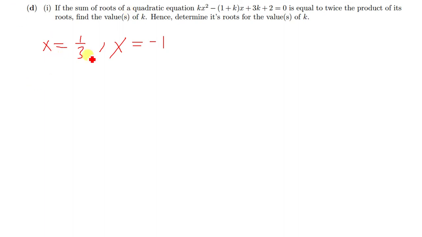so they told us to say the sum, meaning when you add this 1 over 3 plus 1, so this, according to our expression there, is telling us to say it's just the same as 2 times the product of that.